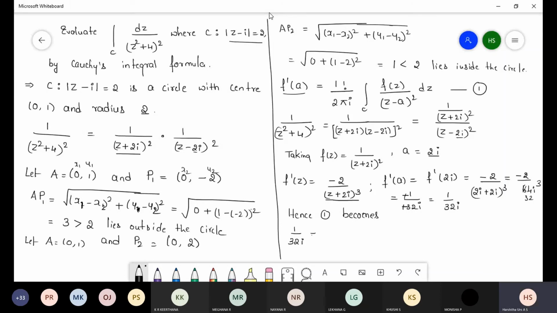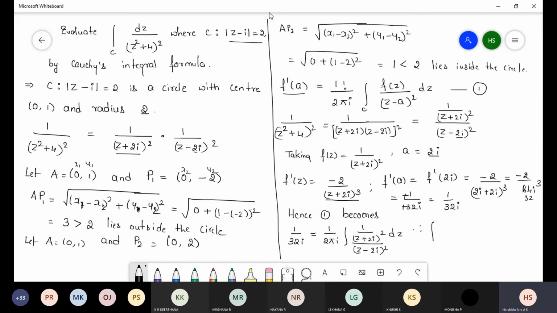So here 1 by 32i, again 1 divided by 2 pi i I will write as it is. Again 1 by, in the place of f of z I will write 1 by (z plus 2i) whole square. In the place of z minus a, I will write 1 by (z minus 2i) whole square into dz.